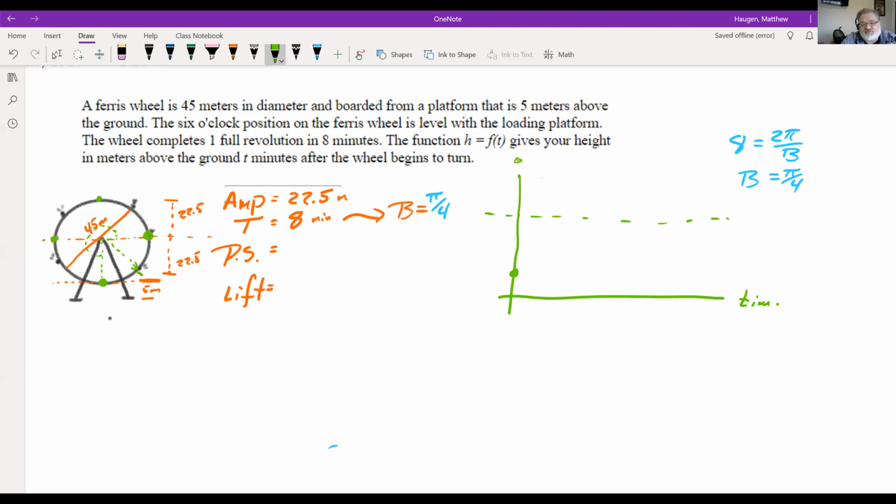Felix, I think you're right. Starting from that 6 o'clock position probably makes the most sense. But you see what I mean, I'm not so worried about what this angle is as making sure I am at my lowest point at time equals 0. Then we're going to go through our oscillation and be back to that 6 o'clock position at 8 minutes.